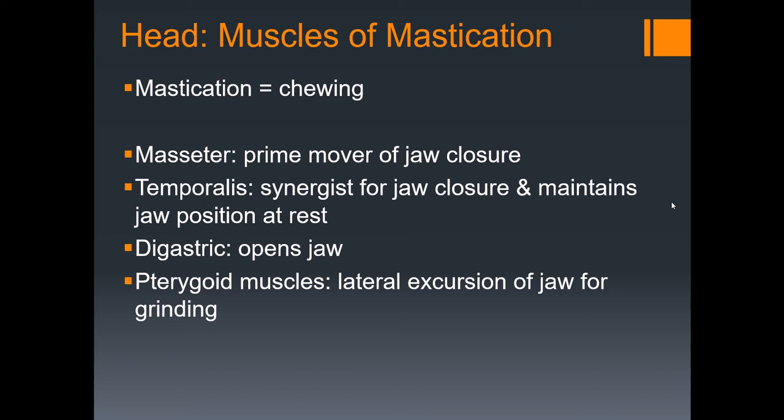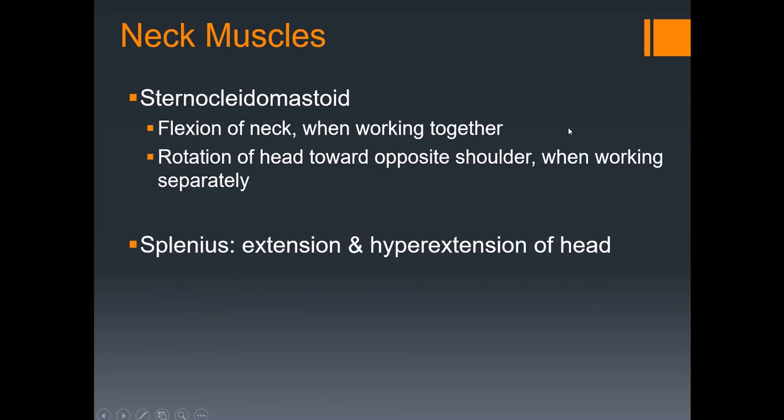And then you also have these pterygoid muscles that attach to the pterygoid processes of the sphenoid bone that are responsible for the side-to-side lateral excursion that your jaw can do in order to grind your food to help you chew. If we then look at the neck muscles, we're looking at the sternocleidomastoid muscles. You have one on each side of your neck.